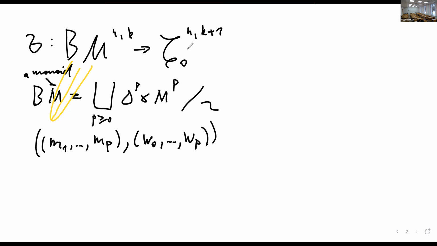These are obtained from some elements of what we take the quotient of, and what is it?